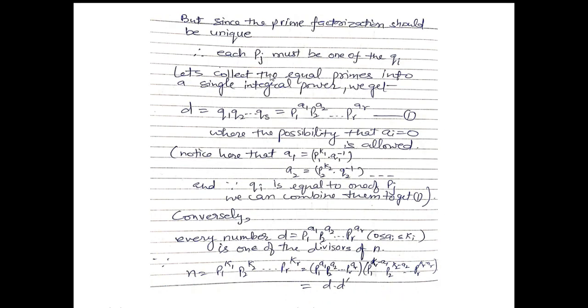But we know that this form of product of primes is unique, so each pj must be one of the qi. Let us collect the equal primes into a single integral power.